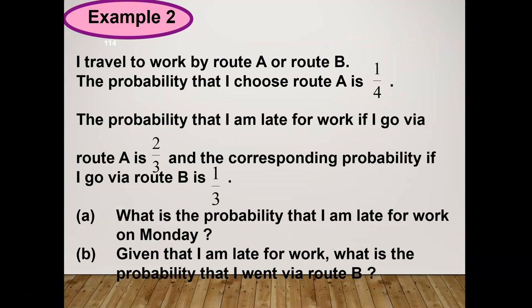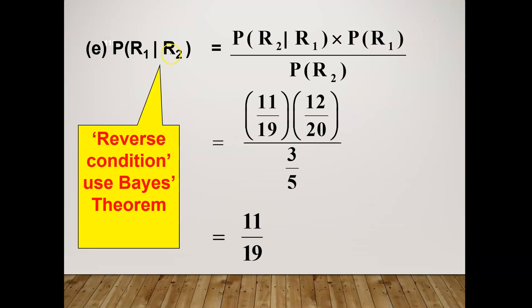So in this case, you want to find R1 given by R2. Okay, so by the reverse condition, then we will use Bayes theorem, because from your tree diagram, you have only conditional probability that the event number 2 first. We write the event number 2 first. Kita cuma ada yang macam begini sahaja kan, this one.